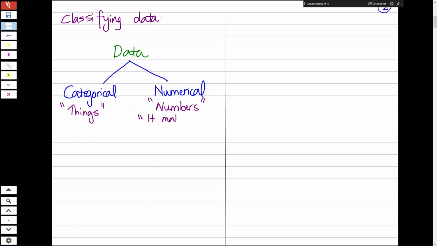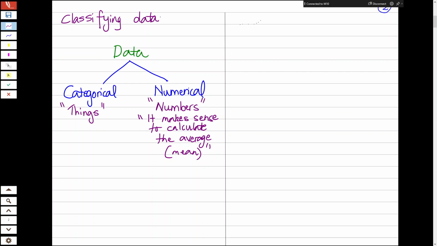It makes sense to calculate the average. And by average, in this context, I mean a statistic called the mean, which you obtain by adding up all the numbers together and dividing by the number of items in the list.